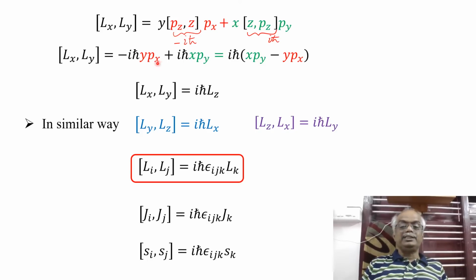Then naturally this will become iħ x py. So now you take iħ outside and take the positive term first. That is x py minus y px. So what is x py minus y px? It is nothing but Lz.